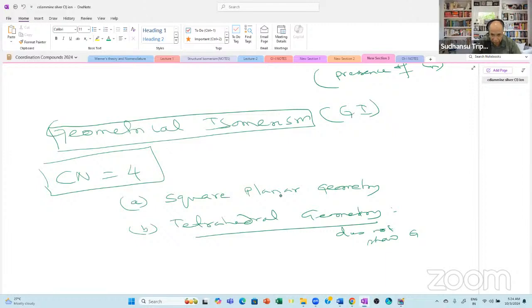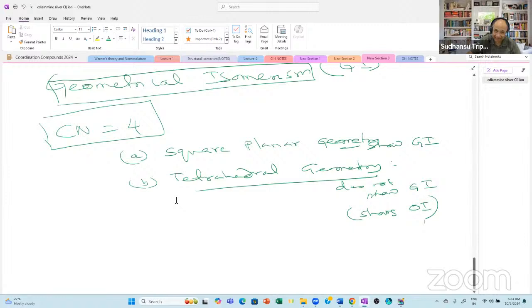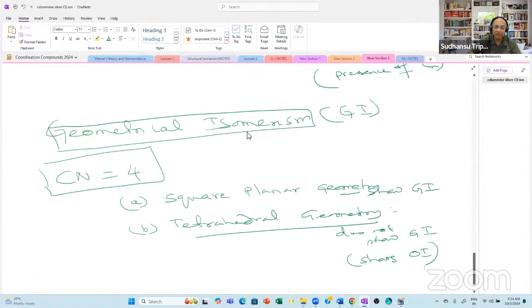So this will not show GI. Tetrahedral geometry shows only OI under specific conditions: if all the 4 ligands are different, all the 4 donors are different, then only it will be chiral and will show optical isomerism. But we are studying geometrical isomerism.